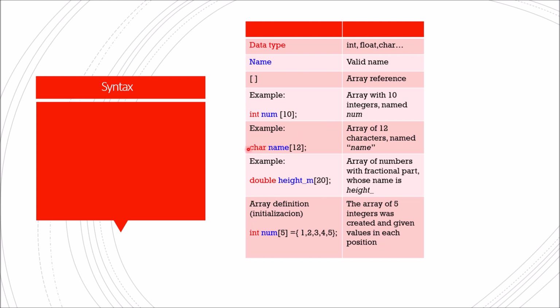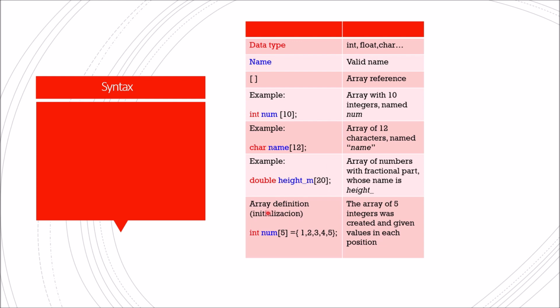So here we have an array of 12 characters named name. The next one, same: we have a double array of 20 elements.